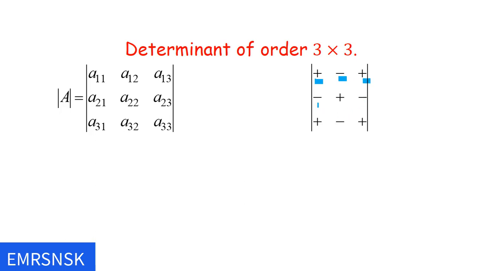Along second row we have minus, plus, minus, and along third row we have plus, minus, plus. Now if you want to expand this determinant along first row, what are the sign conventions for first row? Plus, minus, plus. Okay, so now we will expand this determinant along first row.